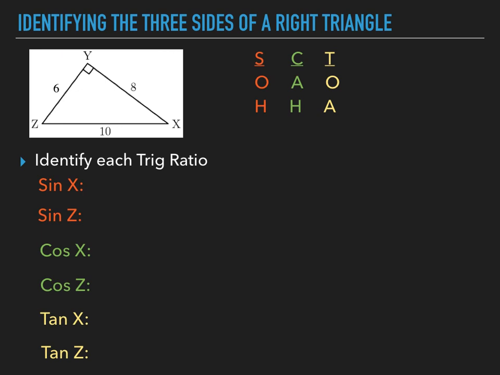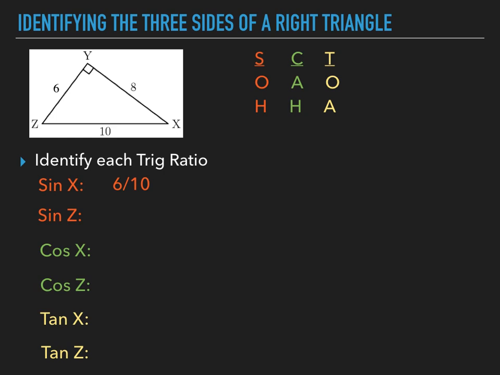It's going to be opposite, which is 6, over the hypotenuse of 10. And then we leave it like that. You don't even need to simplify it most of the time. I mean, some websites will make you simplify it, but 6 over 10 is a good answer. Some people want to turn that into a decimal of 0.6. You can, but I'd rather leave it as a fraction because remember, trig ratios, we're talking about fractions.